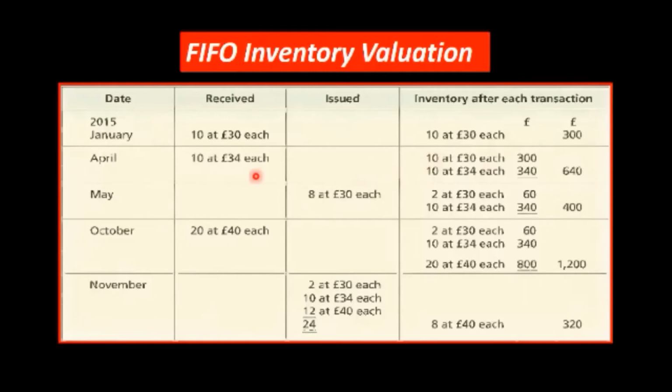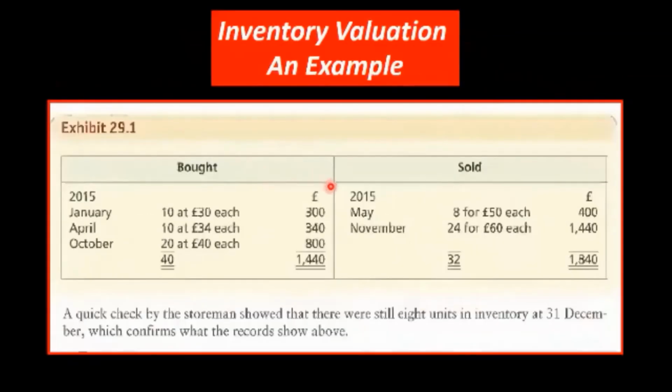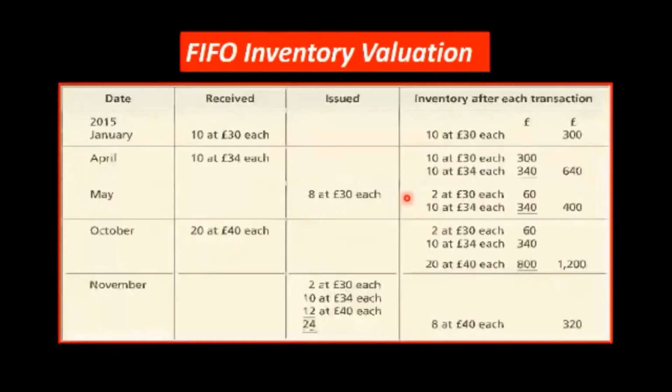Okay, we look back again across here, and we see that our next date in order would be May, when we sold it for 50 each, right? And we come and we put it in here, May, we sell it. Notice we put it in at the cost price. We didn't put it at $50 here. Okay? 8 at 30 each. So since we are doing FIFO now, our balance here would reduce, right?